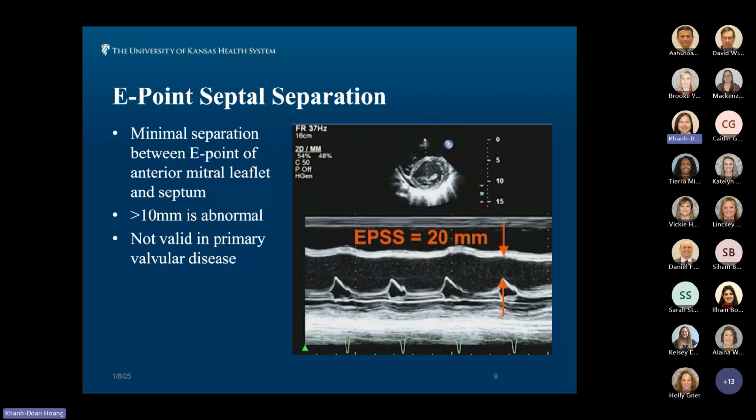The second point is your A point and corresponds to atrial contraction in late diastole. The distance between the E point and the interventricular septum in diastole is measured. Anything less than 7 millimeters is normal, anything greater than 10 millimeters is abnormal and suggests that your systolic function is pretty reduced.